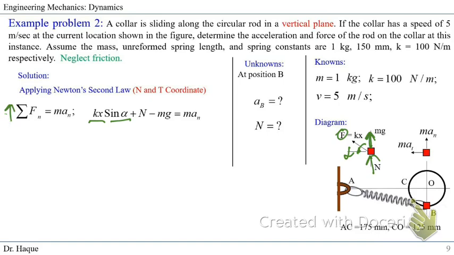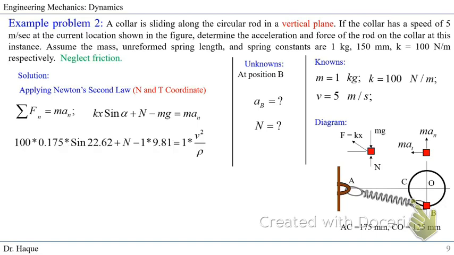Then we know the weight is acting downward, so it's negative. On the other side, we have only the normal acceleration, mass times acceleration upwards, so it's positive, m a_n. So this is our equation.